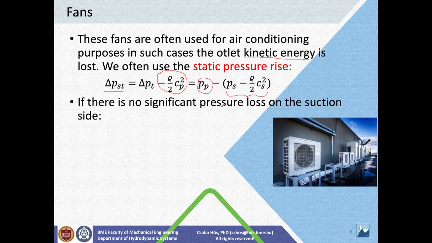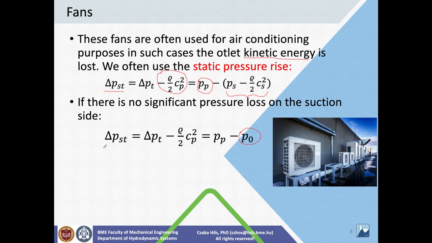Now, if there is no significant pressure loss in the suction side, like for example here, then this second term is nothing else but the ambient pressure, okay? Because the inlet is without any loss. I will explain this concept in the next slide in more detail.